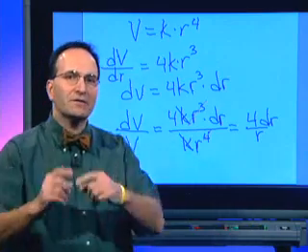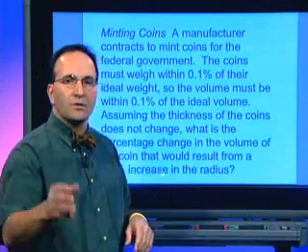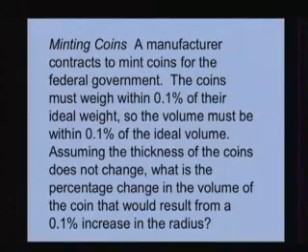All right, well, now it's time for you to try a problem. And the problem that I would like you to do is this. Minting coins. A manufacturer contracts to mint coins for the federal government. The coins must weigh within 0.1% of their ideal weight. So the volume must be within 0.1% of the ideal volume.